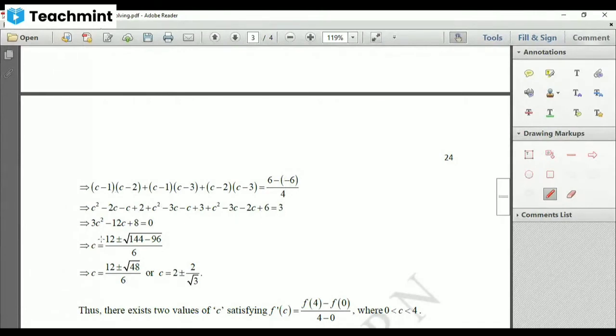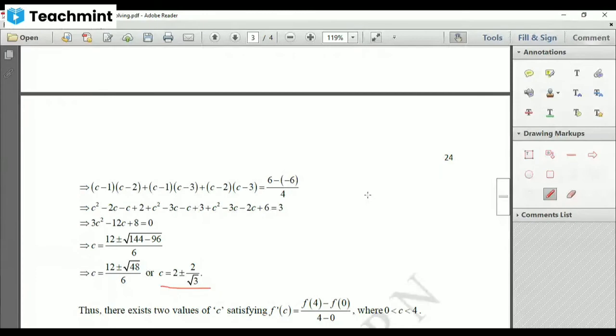Multiply and simplify, and you'll get c equal to 2 values. One is 2 plus 2 by root 3, another one is 2 minus 2 by root 3. So you are getting two tangents, right? One at 2 plus 2 by root 3 and the other at 2 minus 2 by root 3, which are parallel to the chord drawn from 0 to 4. Right?